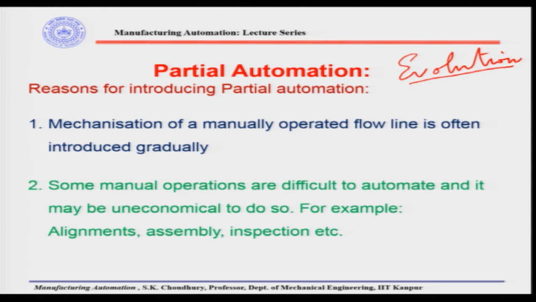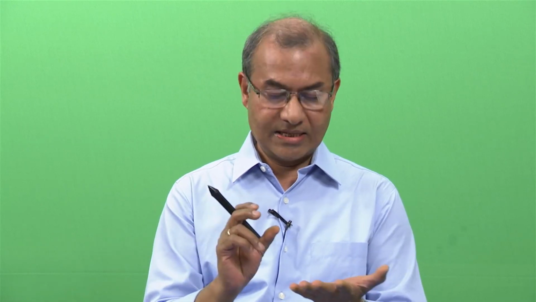Let us give you an example. Suppose there are elements of a bearing, let us say a cylindrical bearing, and each of these elements has to be tested for any scratch or any defect.